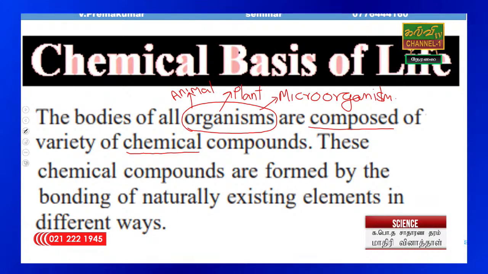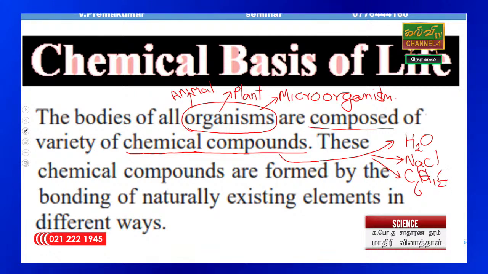I already said chemicals are compounds. What is a compound? A chemical compound has two or more elements. So H2O is a compound, NaCl is a compound, C6H12O6 is a compound.